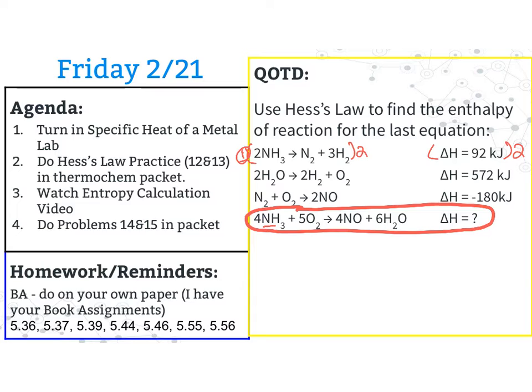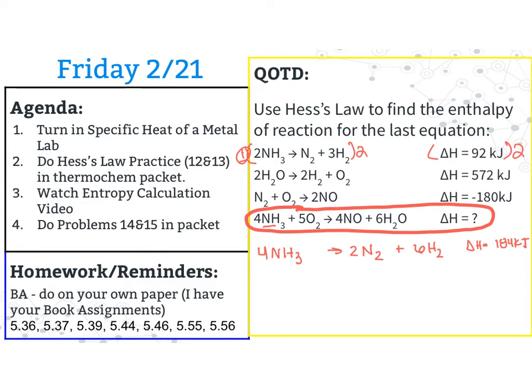So I've got 4 NH3, and then I have 2 N2s, 6 H2s, and then my delta H is 92 times 2, which is 184 kilojoules. Okay, so I've used my first equation.